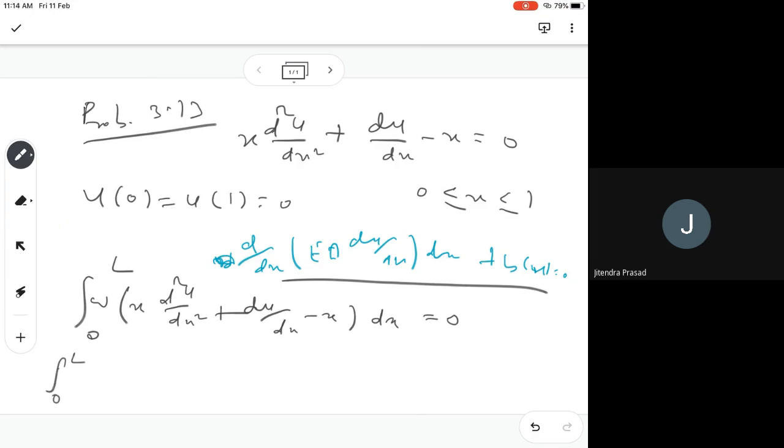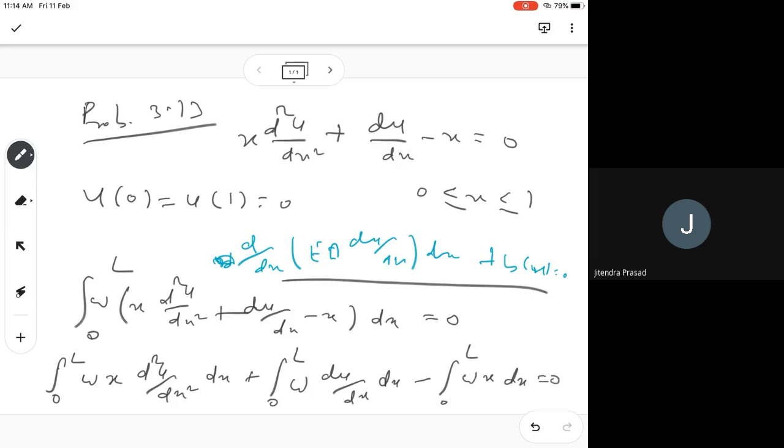So we have the integral from 0 to L of w times x d square u dx square dx, plus the integral from 0 to L of w times du over dx, minus the integral from 0 to L of w times x dx, equal to 0. For the second and third terms we don't have to do anything. So we keep it like this, and it will be symmetric, or maybe not.